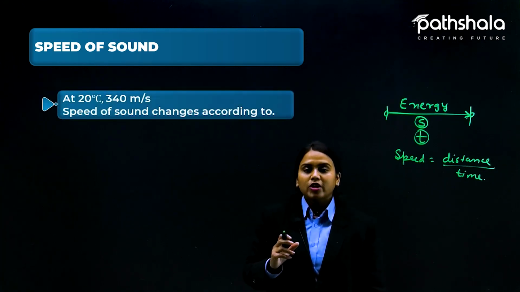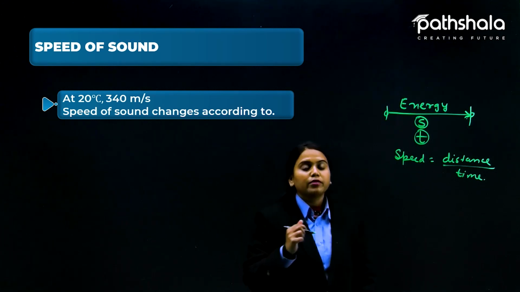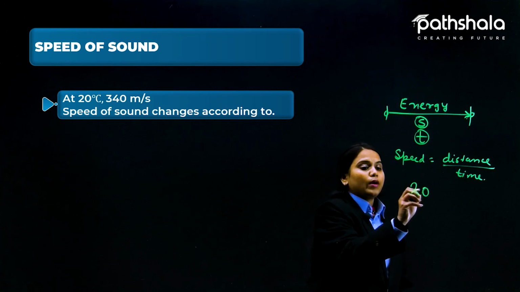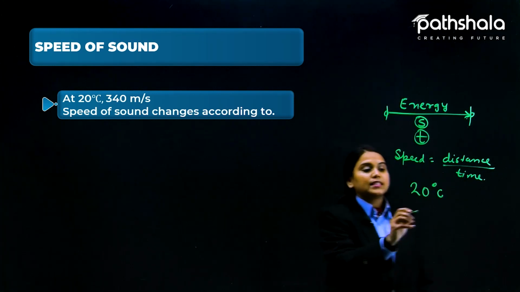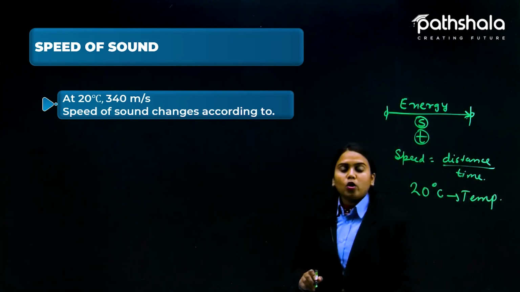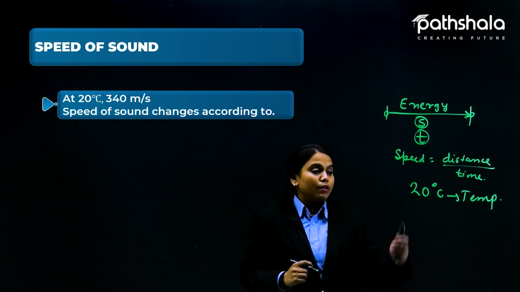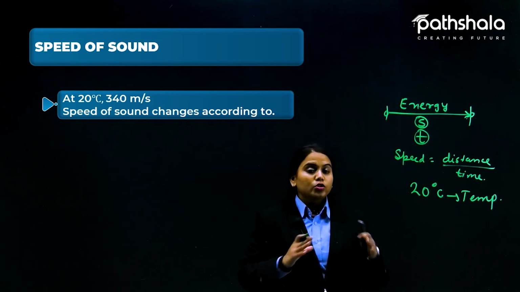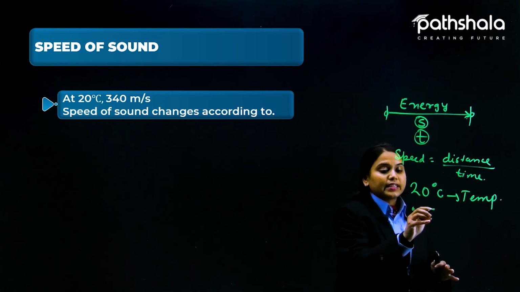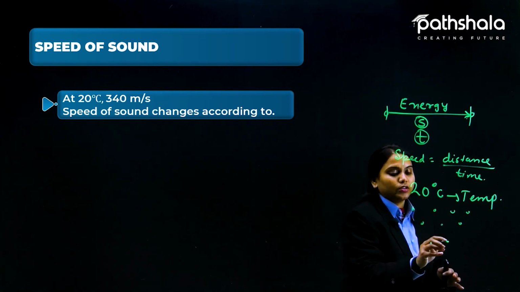So let us check at 20 degrees centigrade. As you can see, 20 degrees centigrade means temperature plays a role. What role does temperature play? You know, guys, that when the temperature is more, the molecules expand away from each other.